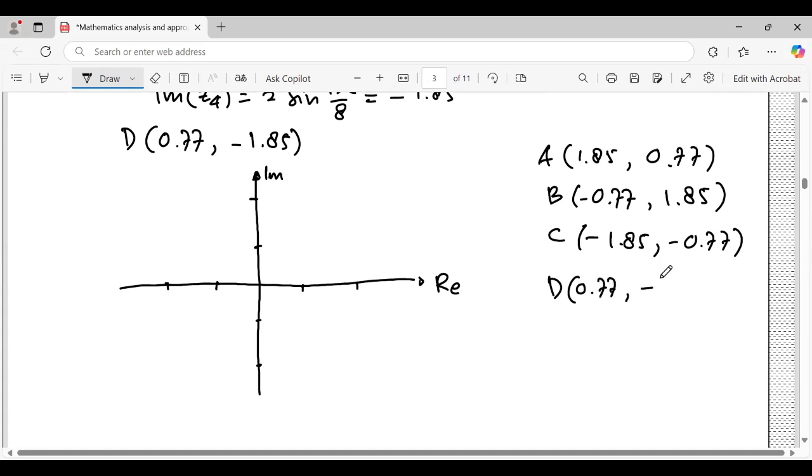0.77, comma, minus 1.85. If you sketch this on the Argand diagram, this is A, 1.85 around here, 0.77 around here.